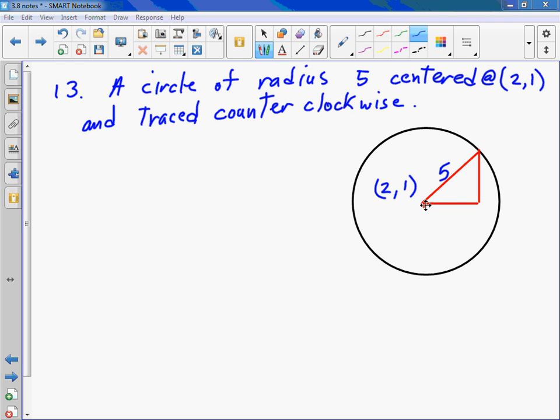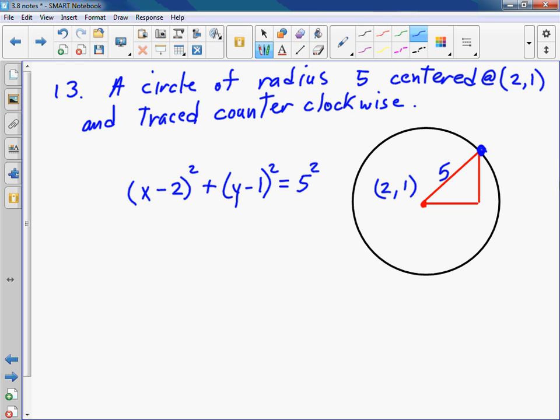If the circle is centered at (2, 1) and the radius is 5, any point on the circle itself will satisfy (x minus 2) squared plus (y minus 1) squared equals 5 squared.